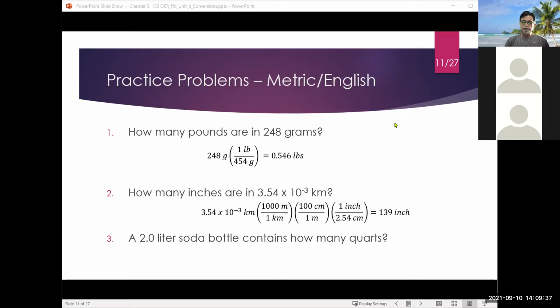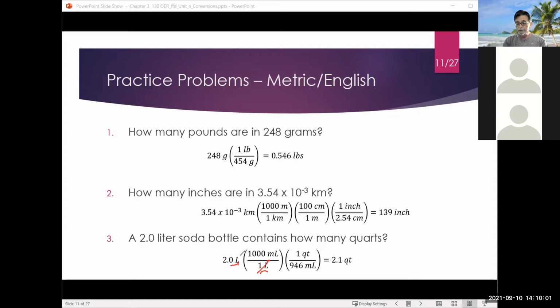Then we got, a 2 liter soda bottle contains how many quarts? So we're converting liters to quarts. We convert liters to milliliters first, because why? I have a conversion factor that goes from milliliters to quarts. So if I can convert my liters to milliliters, then I can go into quarts.